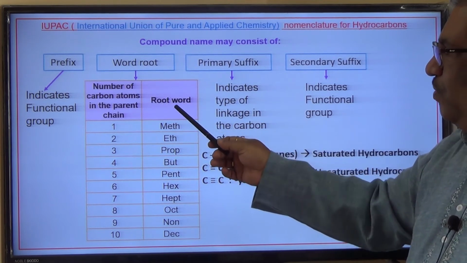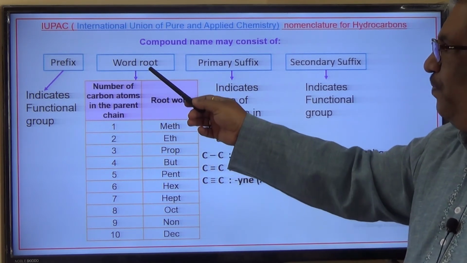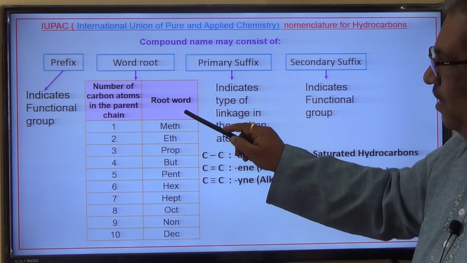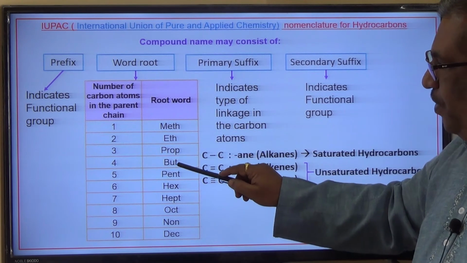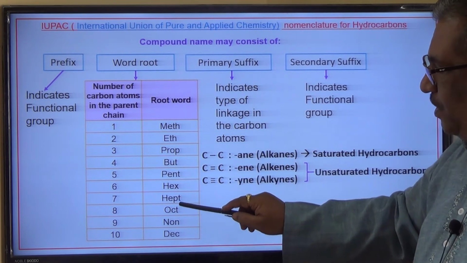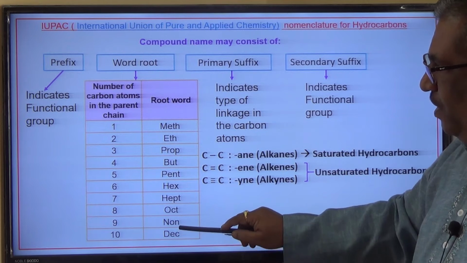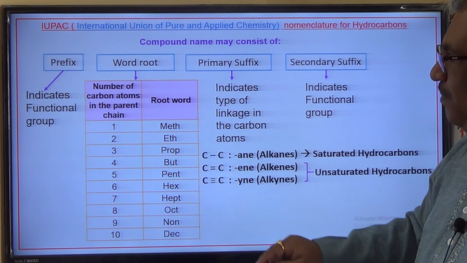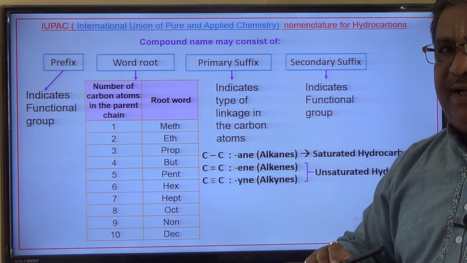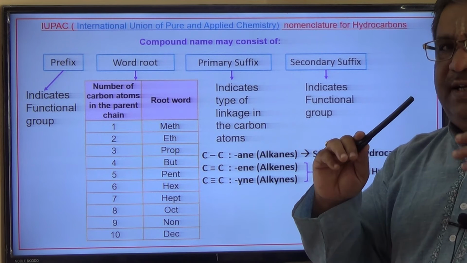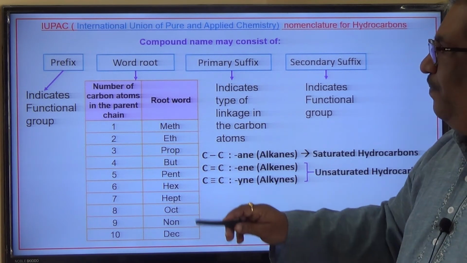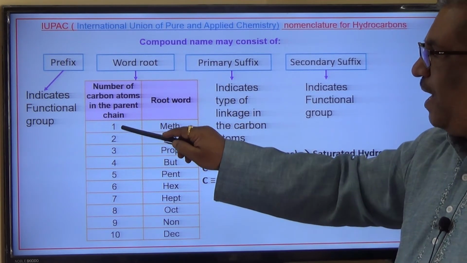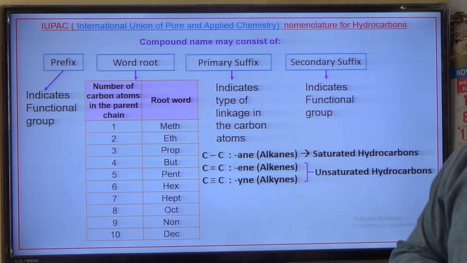Sometimes we use root word or sometimes we use word root, but the meaning is the same. What are these names for? These names are given to hydrocarbons based on the number of carbon atoms present in a parent chain.